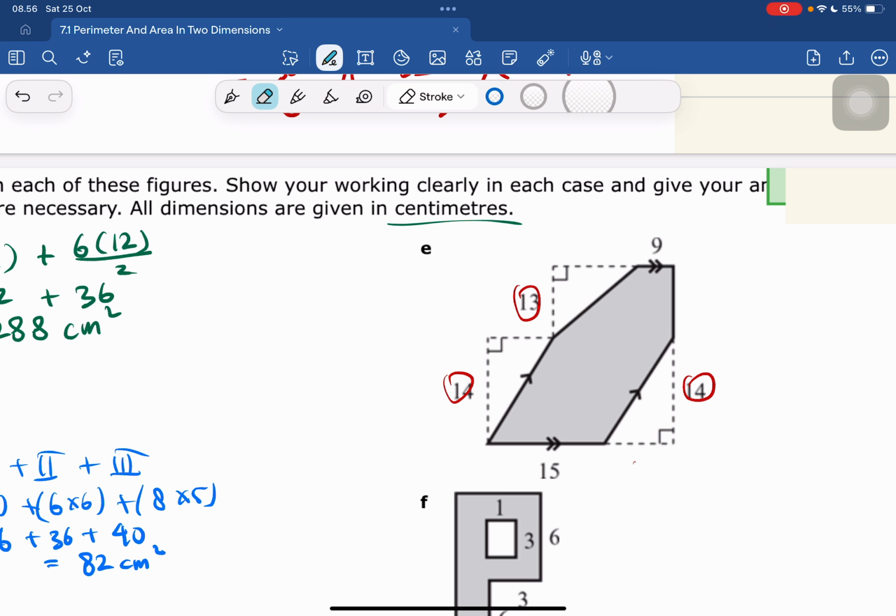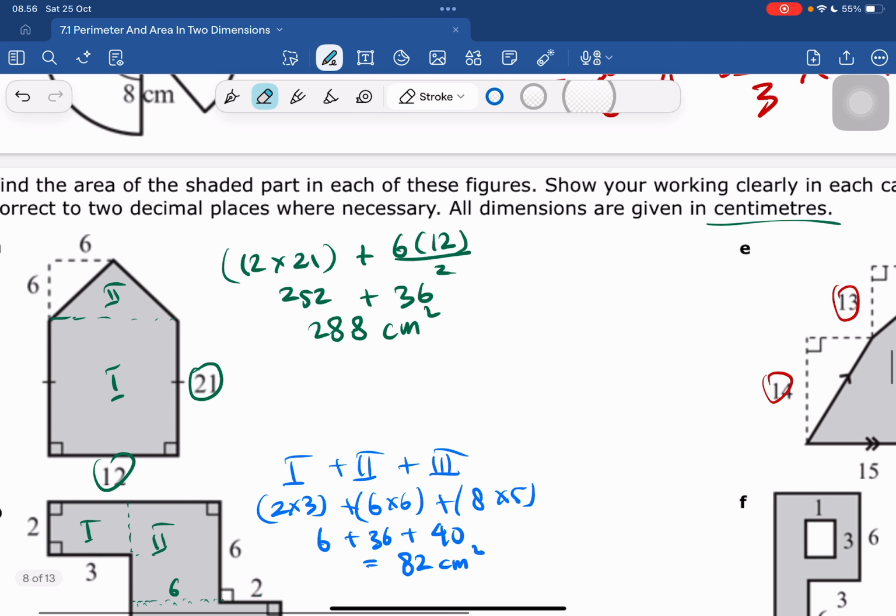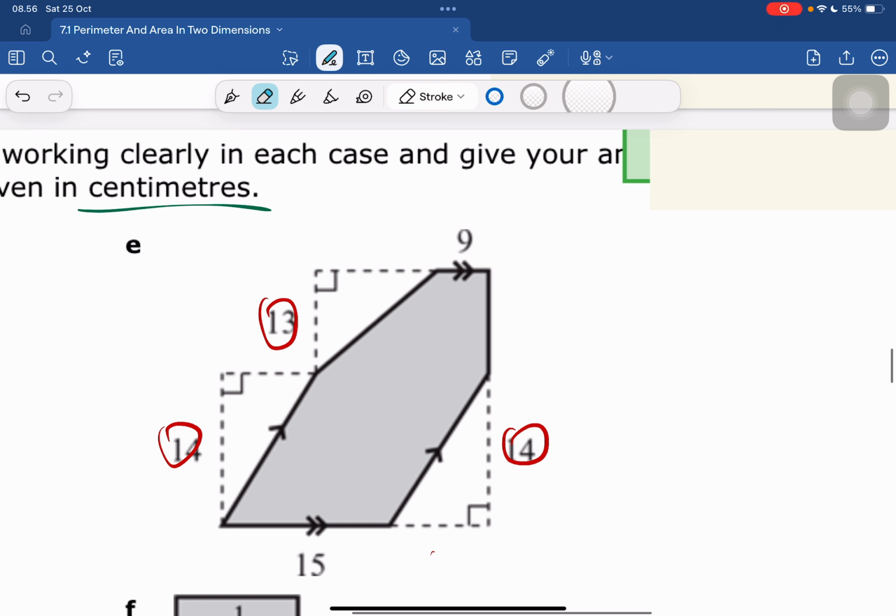So we have to show our work clearly for the E. Whether the area is shaded, so we can just cut it, or we can find the total first. This is until here. Okay, we got it. 13.